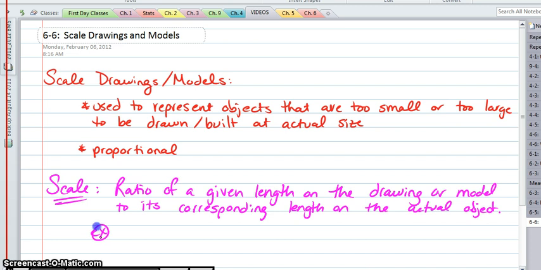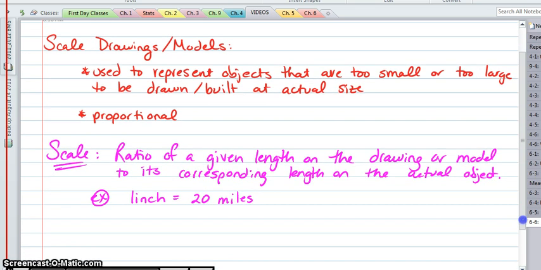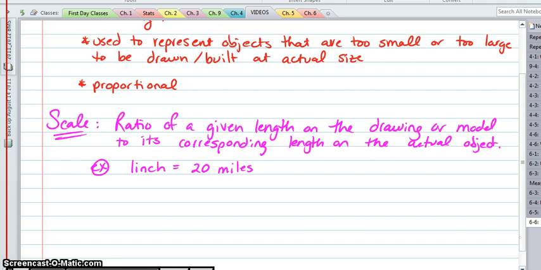So for example, I can say 1 inch represents, like I said, 20 miles. Knowing the scale is really helpful because you can use it to set up a proportion to find what the values might be either on the map or in real life. So definitely we will be using these to solve different types of problems.